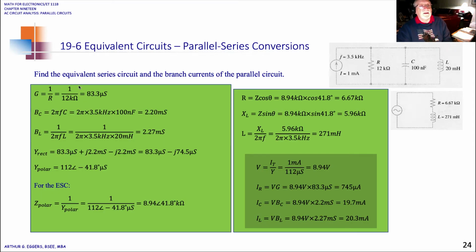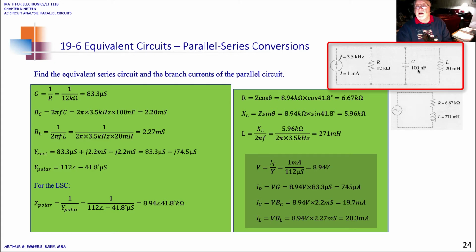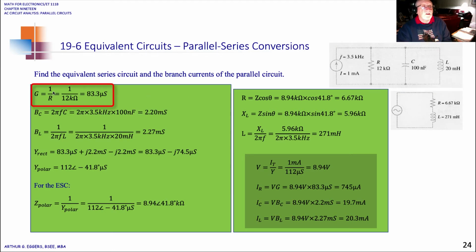Again, find the equivalent series circuit and branch currents of the parallel circuit. We've got this circuit that we see on the top as our before and the one below it as our after. We've got a resistor at 12K, a capacitor at 100 nanofarads, and an inductor at 20 microhenries. All of these relationships we've been through previously.